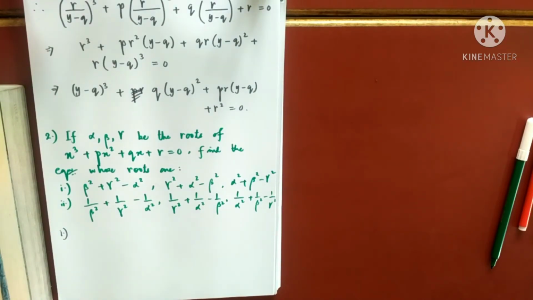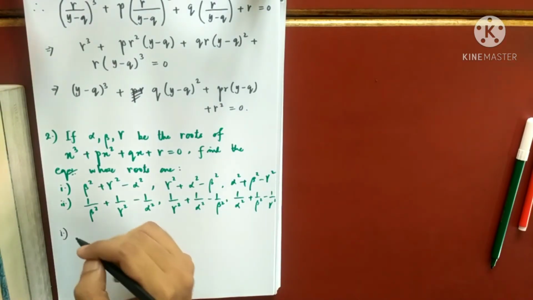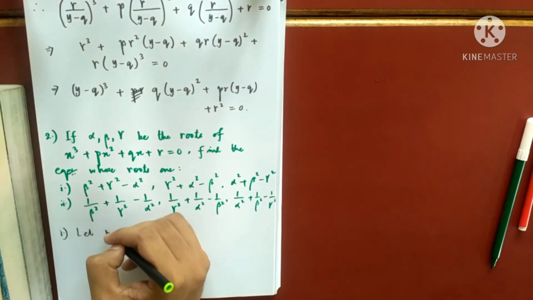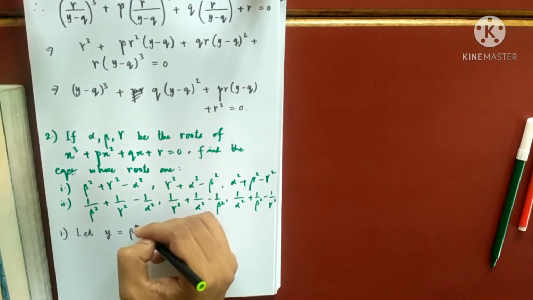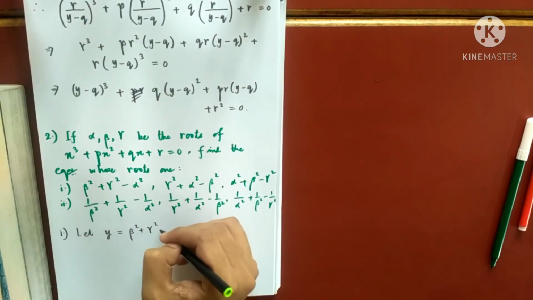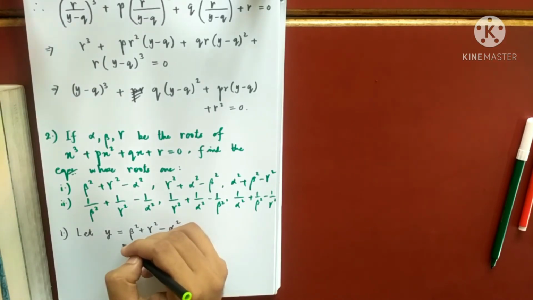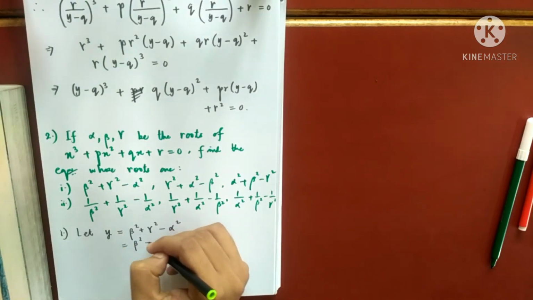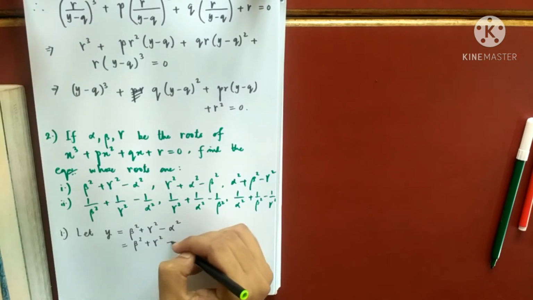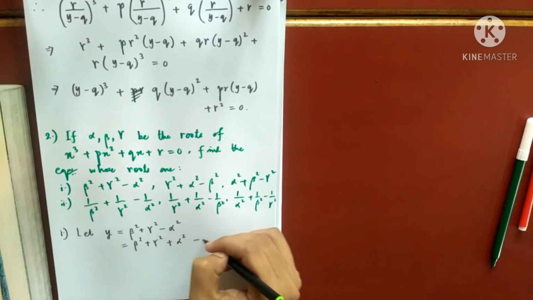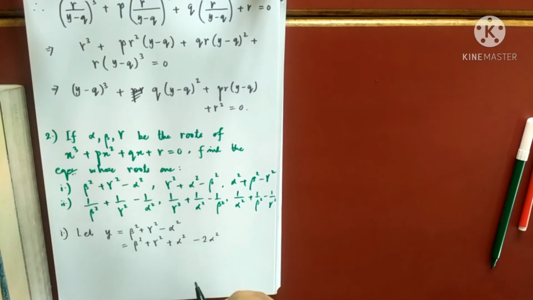So the rule remains the same. You call one of them as y. And what is the target? To express y as a function of either alpha or beta or gamma. So you also know this: beta square plus gamma square plus alpha square and then minus 2 alpha square.